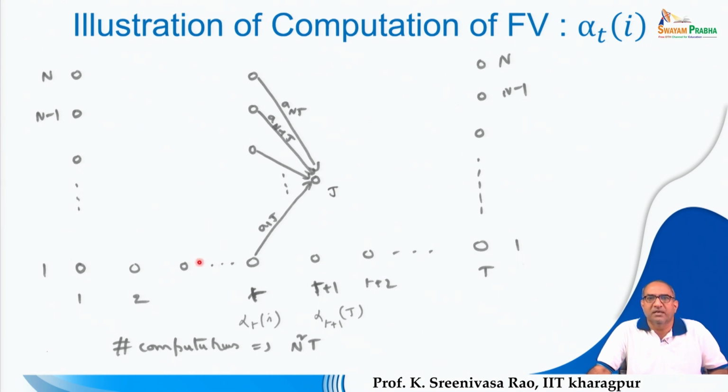There are n square computations required at every time instance, and there are total capital T time instances, so the number of computations involved will be n square into capital T. Suppose n equals 5 and capital T equals 100. Then using the forward procedure the number of computations is roughly 2500, because n square is 25 and T is 100, so 25 into 100 is 2500. Whereas using the direct approach, the number of computations will be 10 power 73, which is very huge.